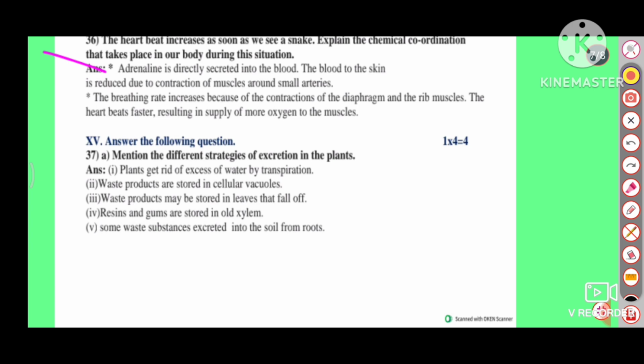Second one is waste products are stored in cellular vacuoles. Waste products may be stored in leaves that fall off. Resins and gums are stored in old xylem. Some waste substances are excreted into the soil from roots.